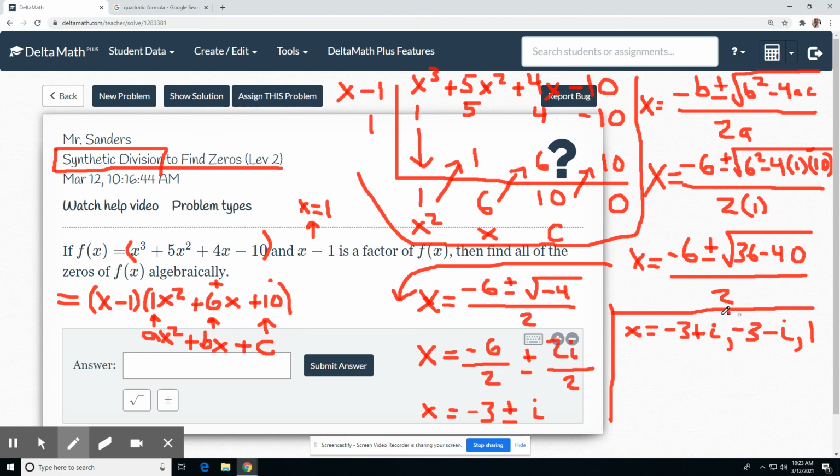I'm not really sure you can call these complex answers x-intercepts, but just kind of practicing with the vocabulary here. All right. So I would always start with the real solution first. So 1, comma, then we got -3 plus i, comma, and -3 minus i. And everything looks good.